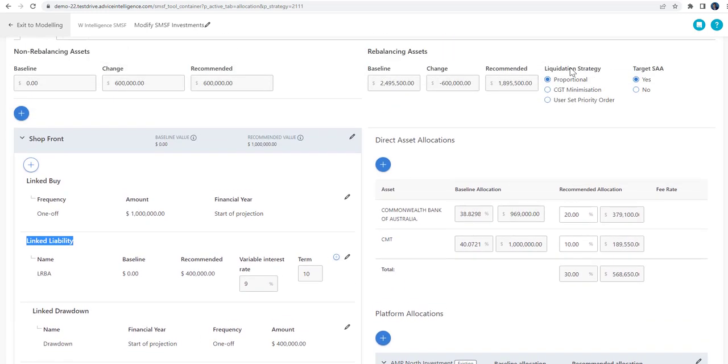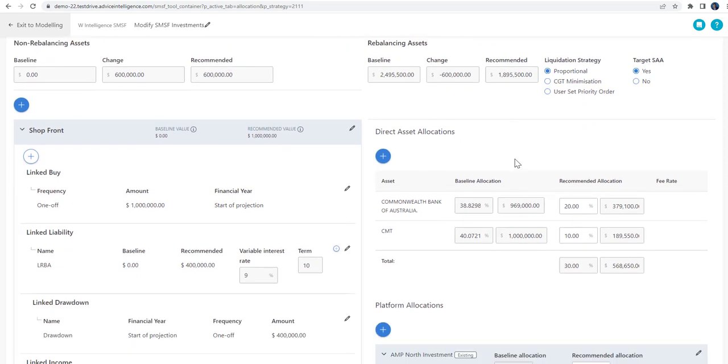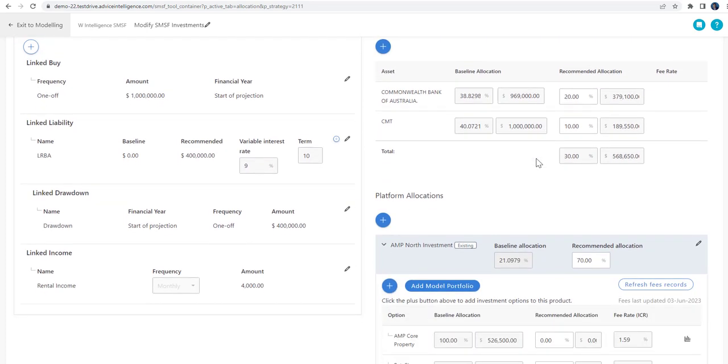And of course, this then reduces the amount within my rebalancing assets to about 1.9 million, and 20% will go towards CBA shares, direct investments, 10% in a cash management trust, and the rest will be invested within a platform, AMP North Investment.